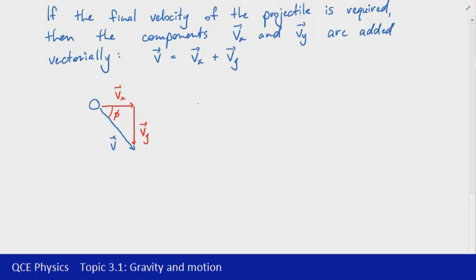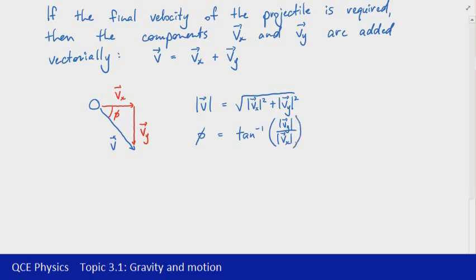And so as we've seen already with adding vectors together, particularly when they're perpendicular, we could say that v is going to be the square root of Vx squared plus Vy squared, just applying Pythagoras' theorem, and we can figure out that that angle would be inverse tan of Vy over Vx. So similar to what we've seen already with vectors in 2D.